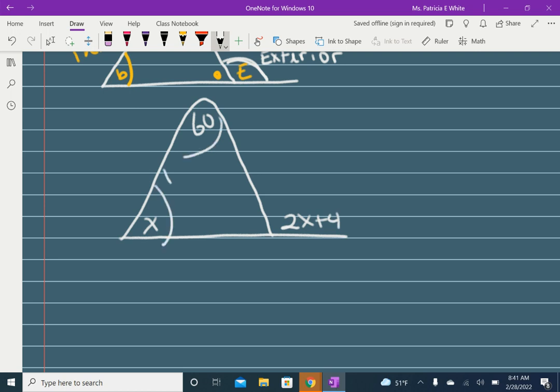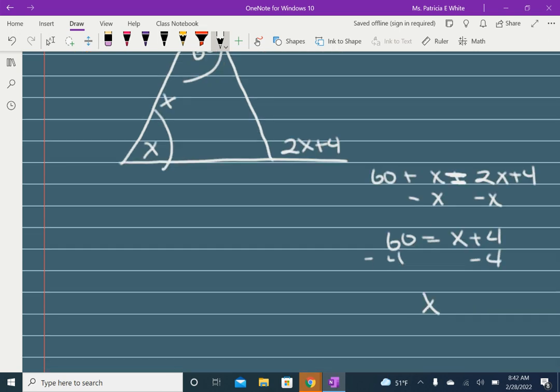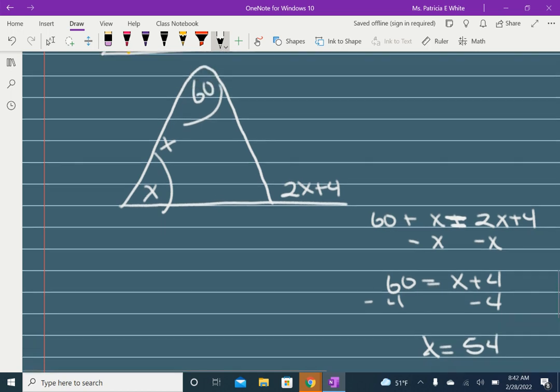Opposite interior angles added together equal the exterior angle. So 60 plus x equals 2x plus 4. I'm going to subtract that x from both sides, and 60 equals x plus 4. Got to subtract that 4, and x equals 54. Okay?